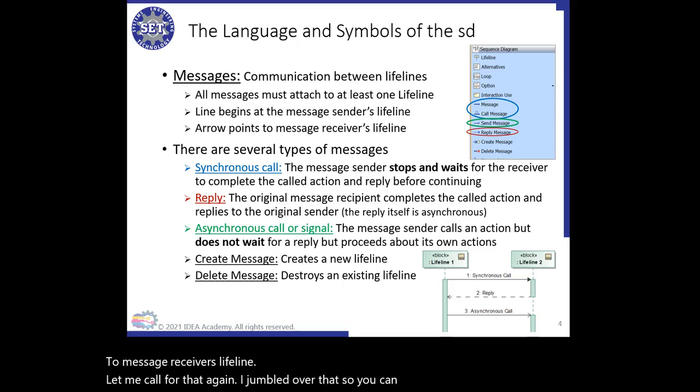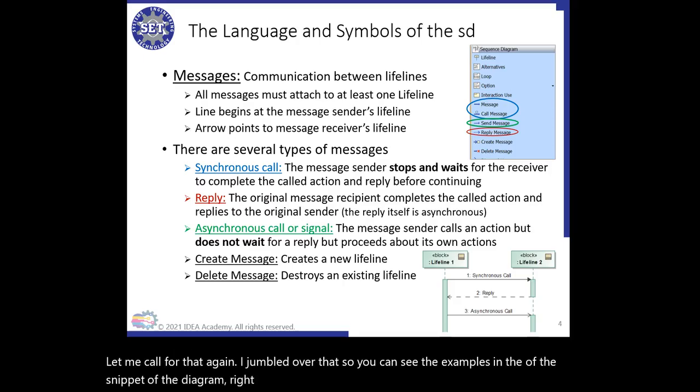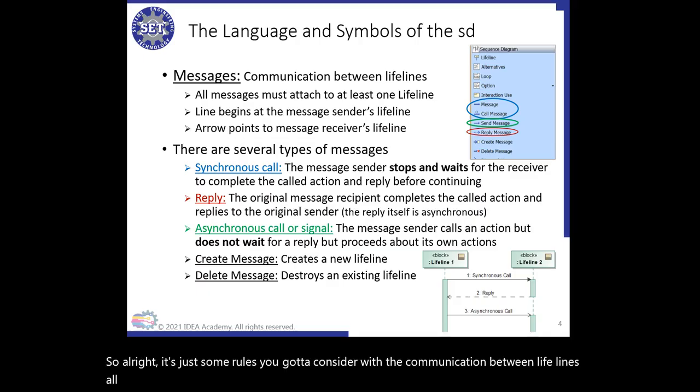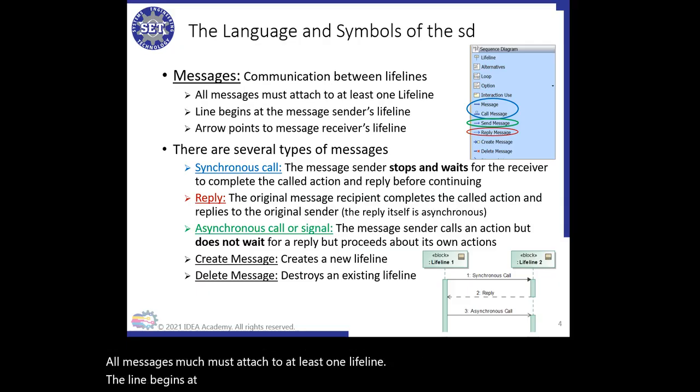You can see the examples in the snippet of the diagram right here. These are just some rules to consider with communications between lifelines. All messages must attach to at least one lifeline. The line begins at the message sender's lifeline, and the arrow points to the message receiver's lifeline.